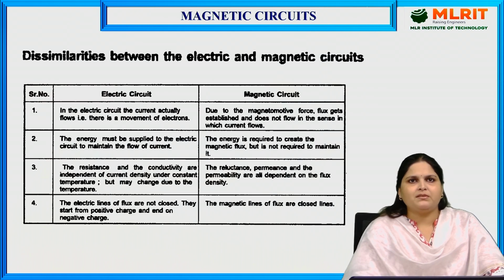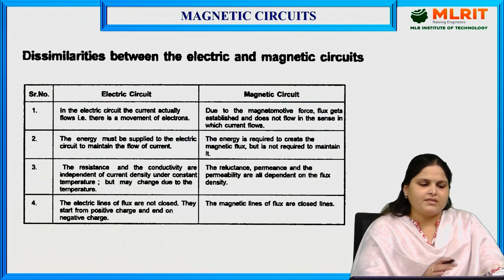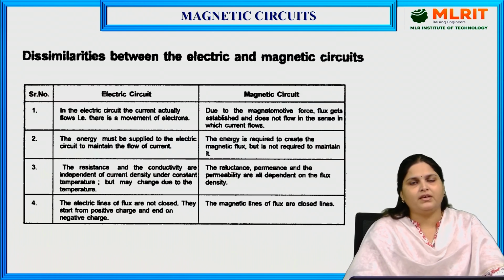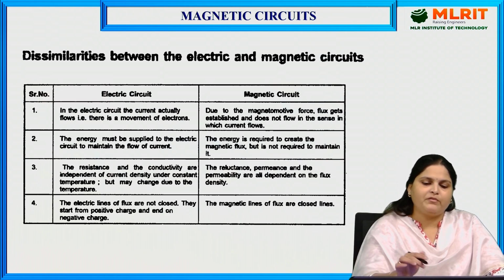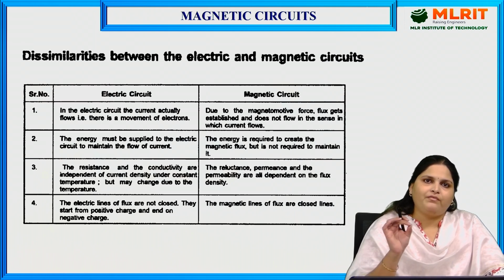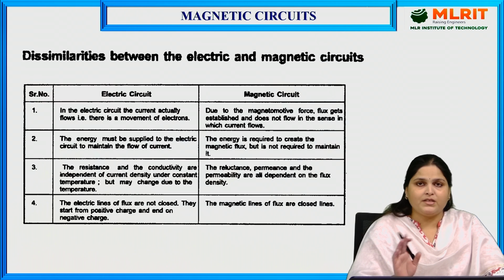There are some dissimilarities between electric and magnetic circuits also. In an electric circuit, the current actually flows, meaning there is a movement of electrons, right? But in a magnetic circuit, due to the magnetomotive force, the flux gets established. It does not flow.